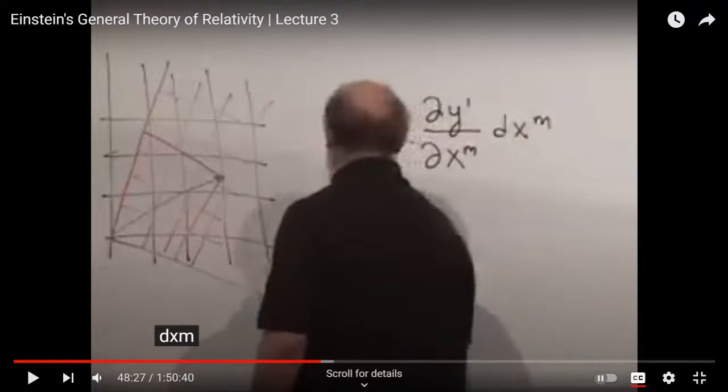So I move a little bit of dx1, a little bit of dx2, a little bit of dx3. I move a little bit in the positive total dx. So what happened to y as I did that? So let's say I moved from here a little bit to here, a little bit to here, and a little bit up.